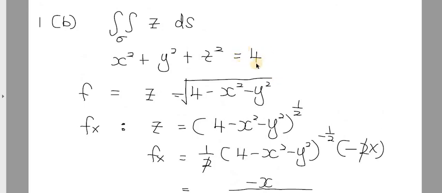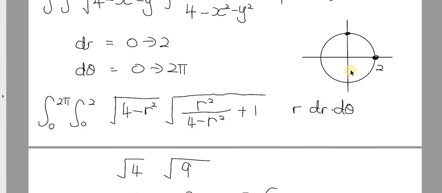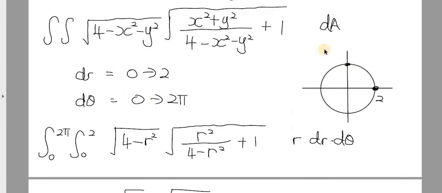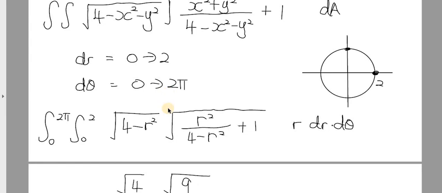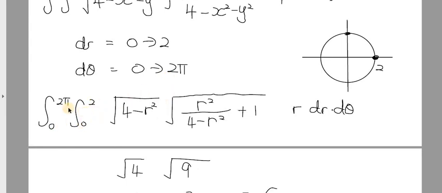This means I can choose to use polar or cylindrical coordinates to solve these double integrations. So my dr will be from 0 to 2 and d theta will be from 0 up to 2 pi because it is a complete circle. So I insert it here for my dr and d theta.